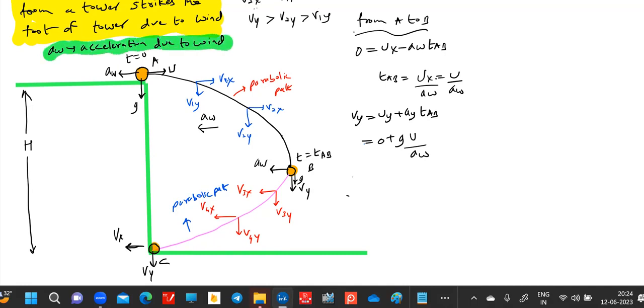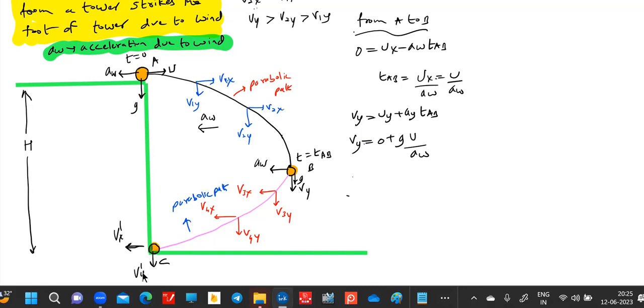Okay, fine. This will be the Vy component, or Vy dash. Same, different symbol. Vy dash here, we will make it Vy. Now, from B to C, what will be the conditions like?